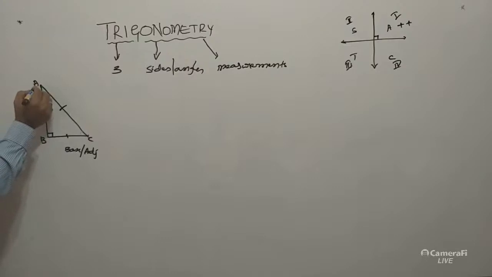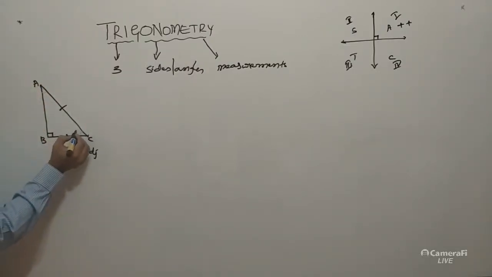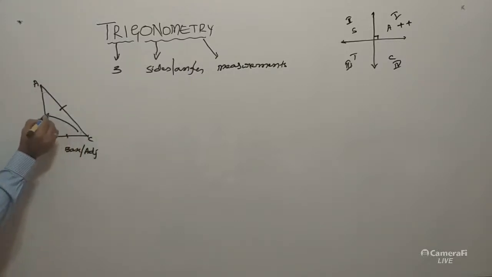The same thing, if angle A is the base angle, then this will be the adjacent. If I am treating this as the angle, the side opposite to it is called the opposite side.